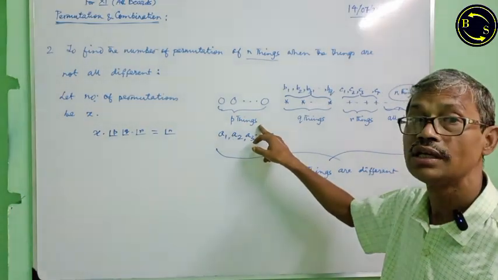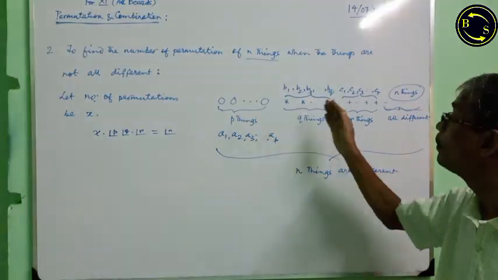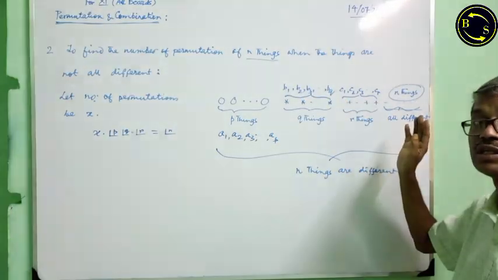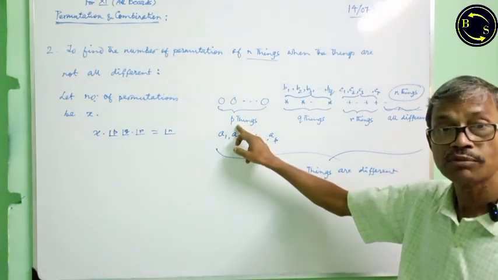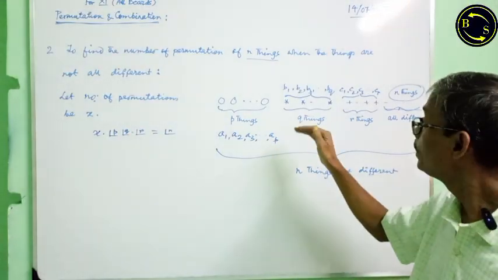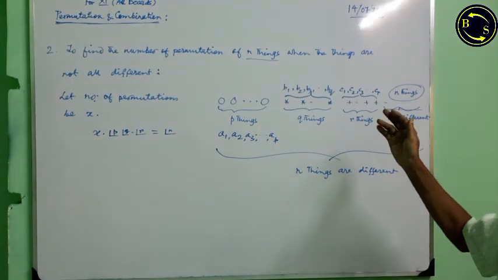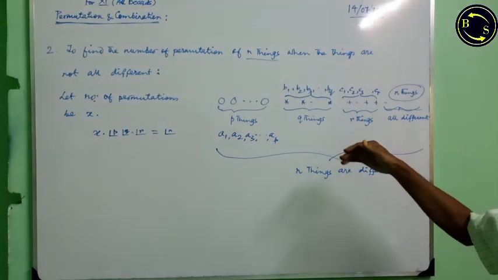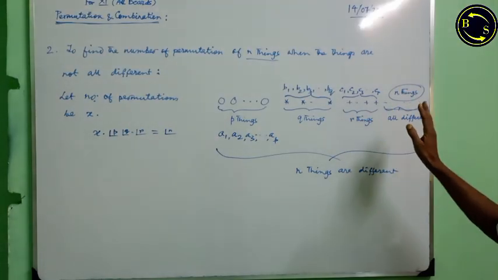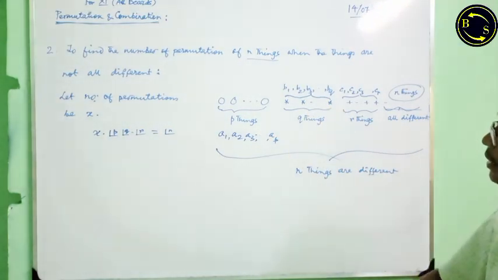P things, Q things, R things. Out of n things, P things are of the same kind, Q things are of another same kind, R things are also of another same kind. Total number of things is n. Now, what will be the number of permutations?